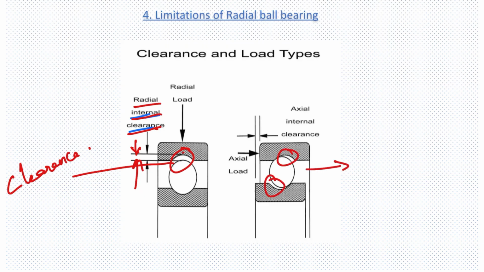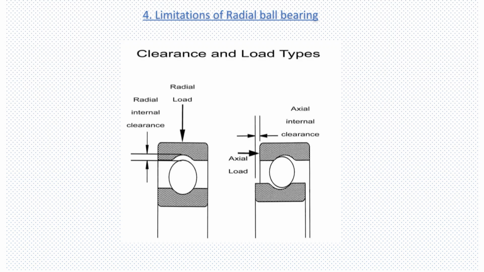Like in the picture you can see there will be a very minor clearance between the contact points. That means it can move radially, and in this case it can move axially. So this creates a very small play in radial ball bearings, and normally we don't use any preloading techniques to arrest this in radial ball bearings.